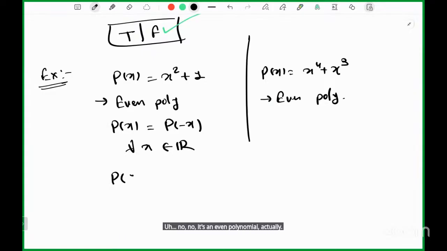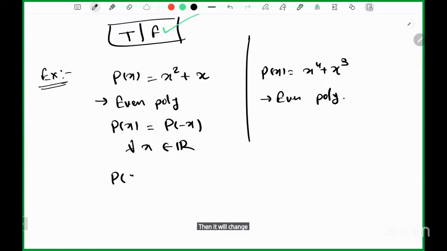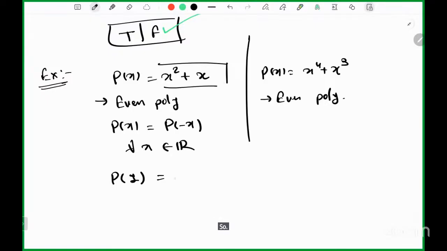You have to take x here, then it will change its sign, right? So here P of 1 you can calculate. So P of 1, I'm changing my example to be x square plus x. So P of 1 is actually 1 plus 1, which is equal to 2. And if you compute P of minus 1, it's nothing but 1 minus 1, which is equal to 0.